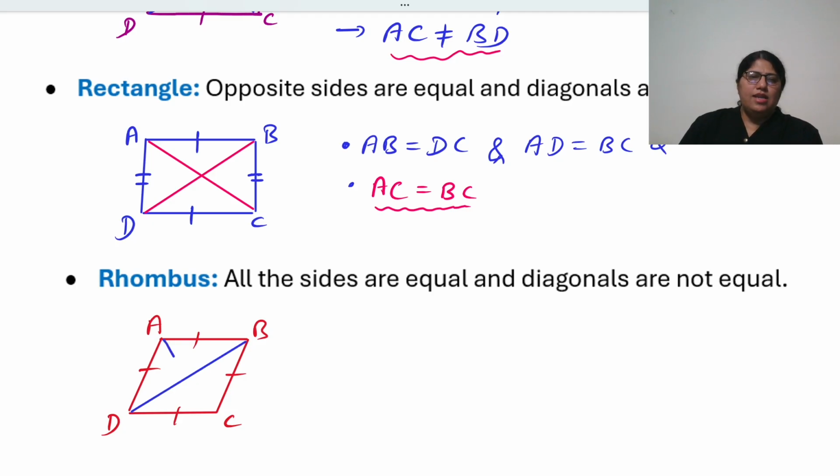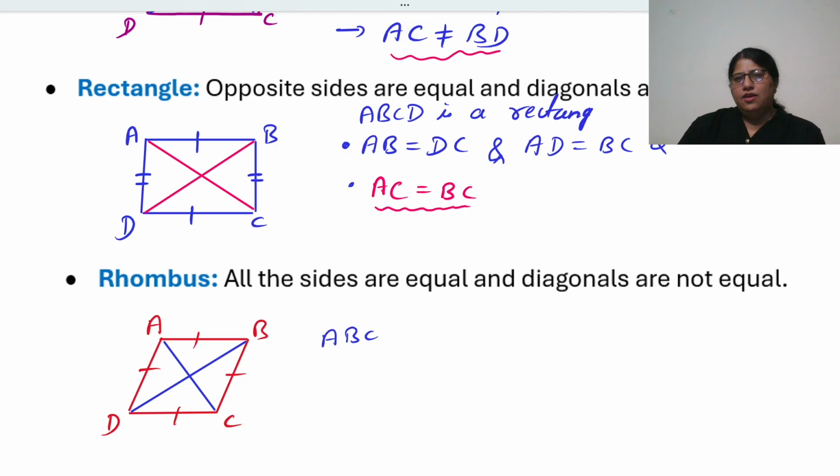In rhombus, diagonals are not equal, but in a square, diagonals are equal, right? So you can write down here AB, you can write here also. ABCD is a rectangle if all these three lengths are equal, right? Here also ABCD is a rhombus.